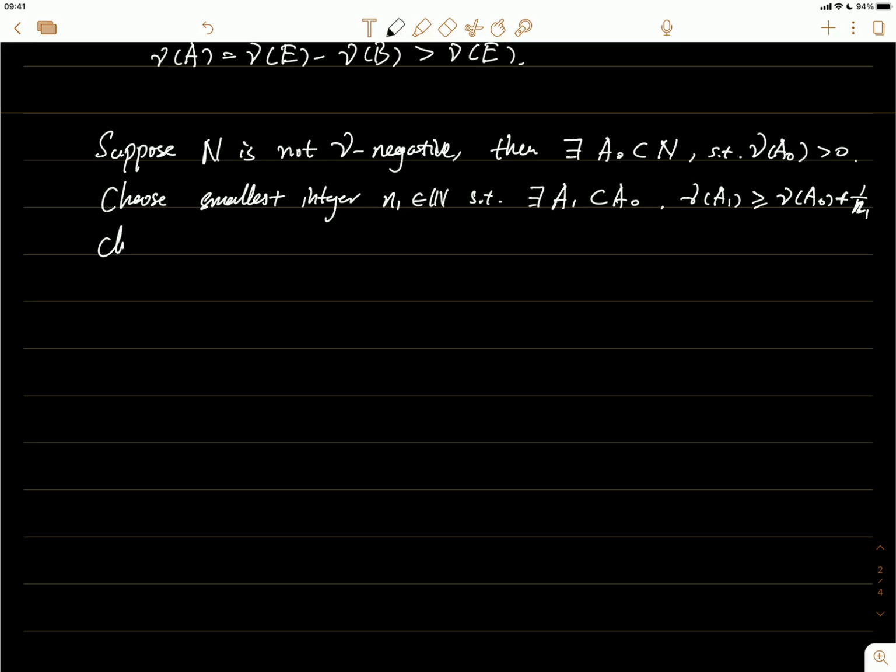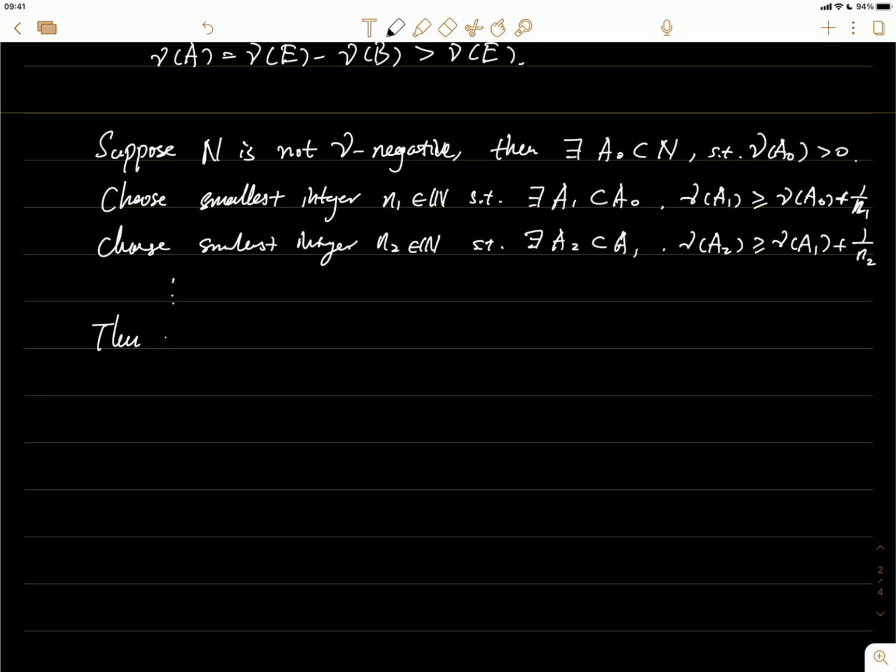So we can choose the smallest integer N2 such that there exists an A2 that is a subset of A1 such that the measure of A2 is bigger than or equal to the measure of A1 plus 1 over N2. Okay? We can just keep doing that, and then we get a sequence of sets, and each one is nested in the previous one. Okay?